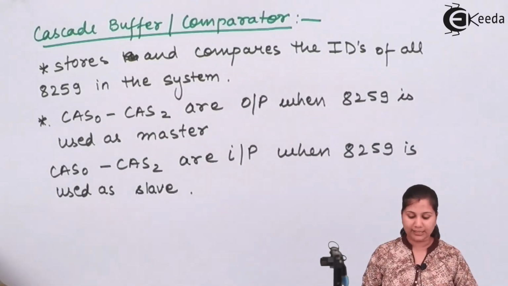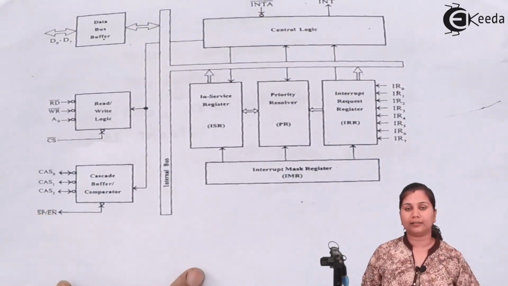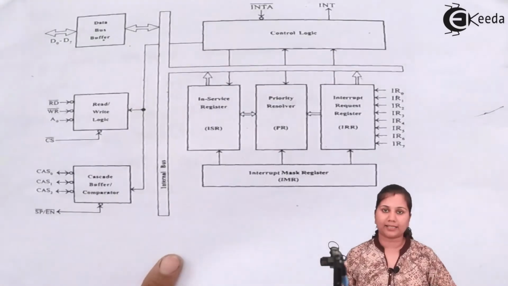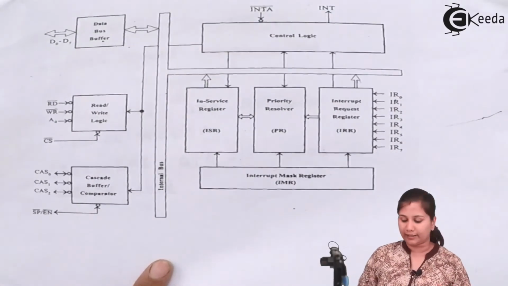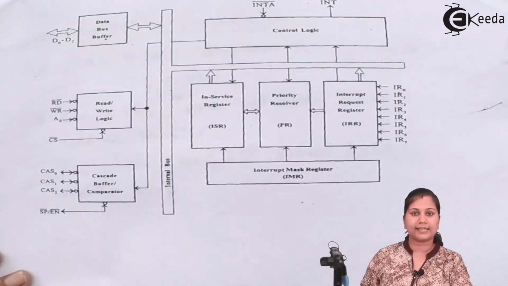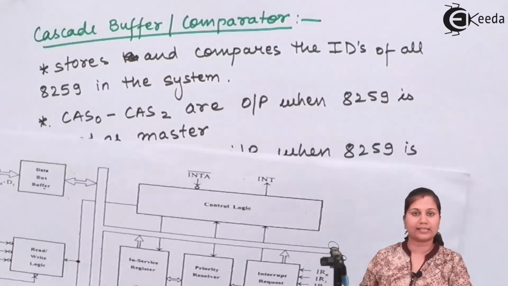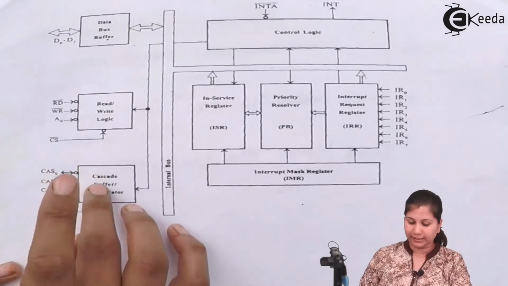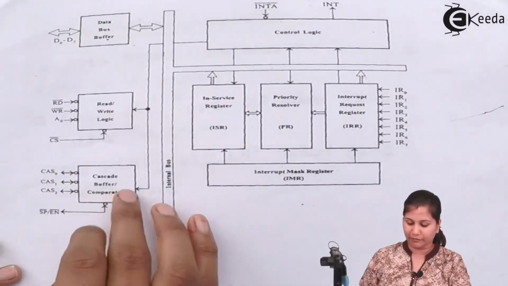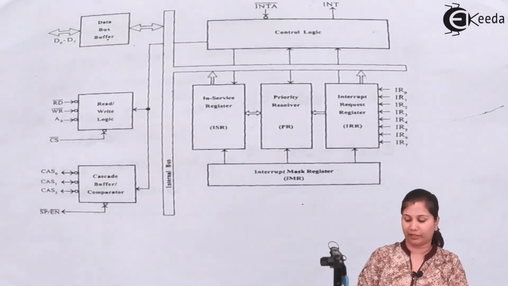When this signal is 0, it means the ICs are in the master slave configuration, and when it is 1, the ICs are not in the master slave configuration. So this is the function of the cascade buffer and comparator used in the master slave configuration of the 8259.